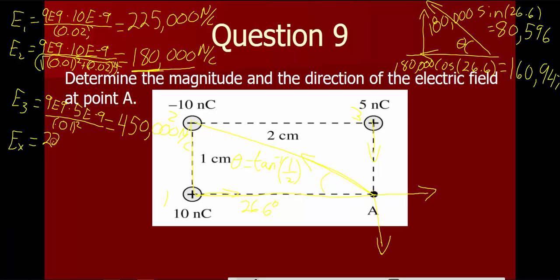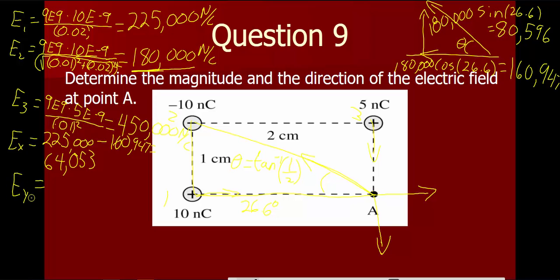That's E1, so that's 225,000 minus the 169, whatever.